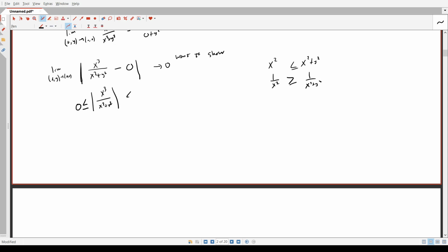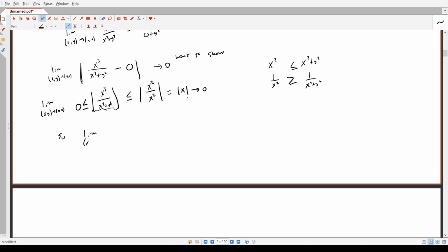So this tells me that this is less than or equal to x cubed over x squared. Those cancel and I get the absolute value of x. And again, I'm still doing the limit as xy goes to 0, 0. So if I do this limit, this goes to 0. This is bigger than 0, which means that this thing I'm interested in is squished between 0 and 0, meaning it's also going to have to be 0.